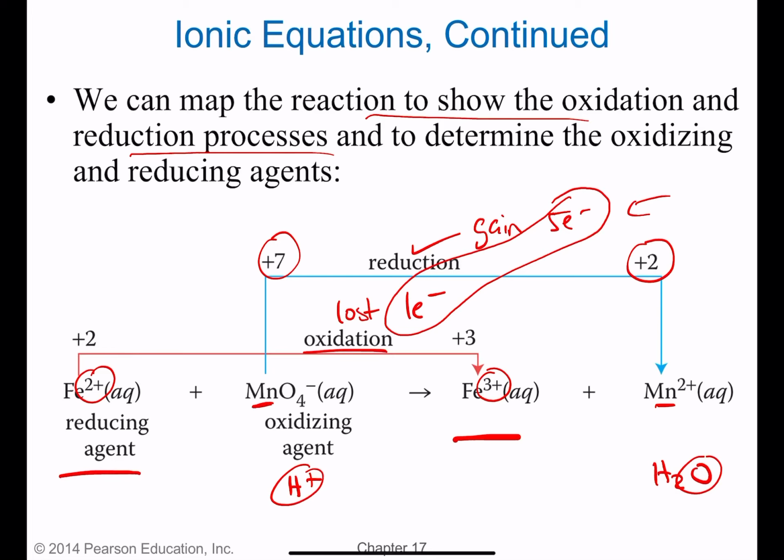It's a little bit more involved, but we will have another lecture video specifically for that topic. And then in terms of the agent labels, because the manganese was being reduced, we call the permanganate ion the oxidizing agent. And then because the iron was being oxidized, we call the iron the reducing agent. So again, flashcards to try and remember all of these terms.